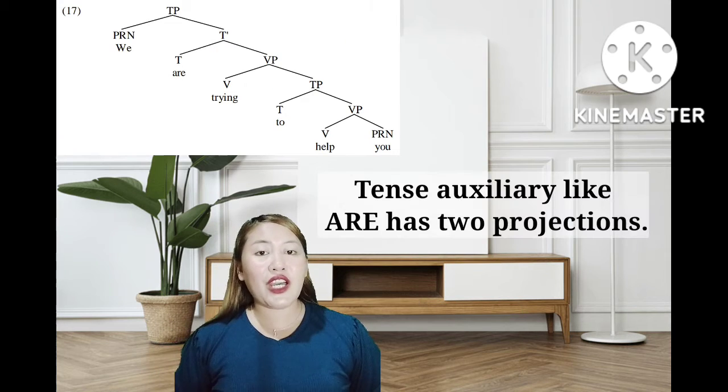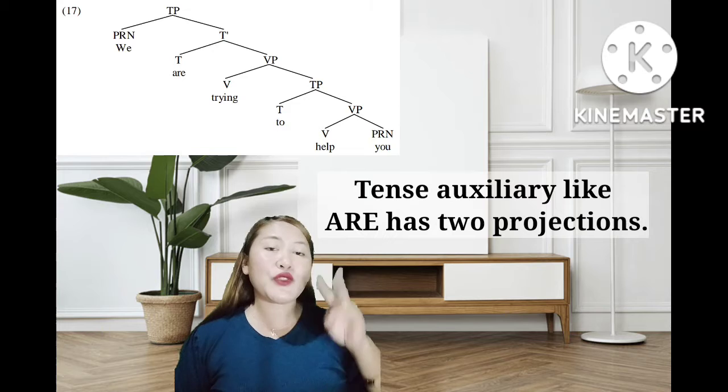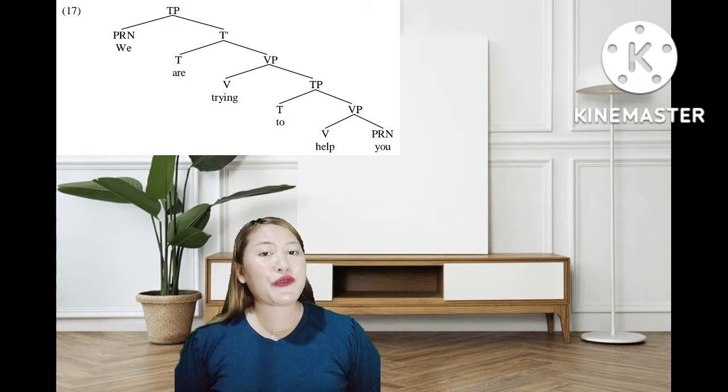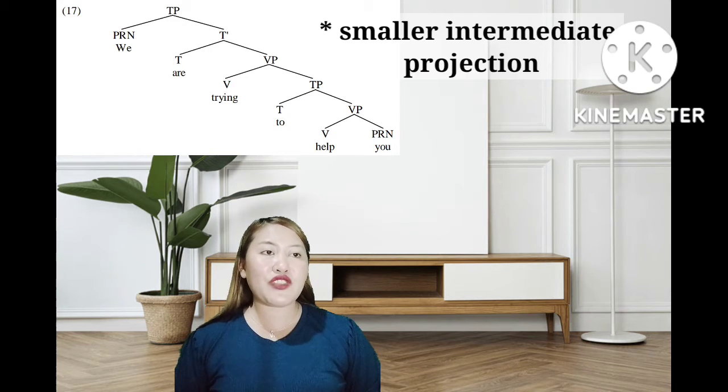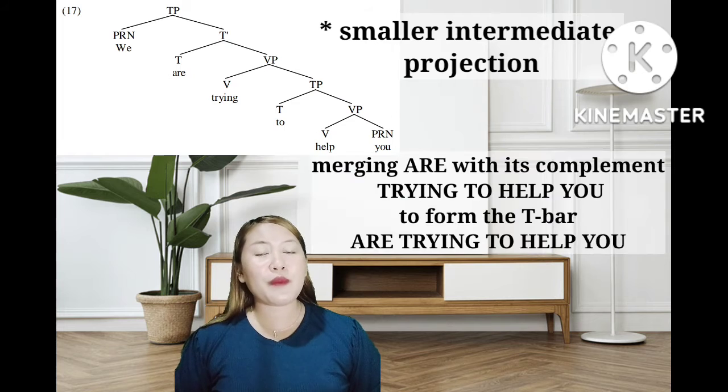A tense auxiliary like are has two projections. The first one is a smaller intermediate projection formed by merging are with its complement trying to help you to form the T-bar are trying to help you.